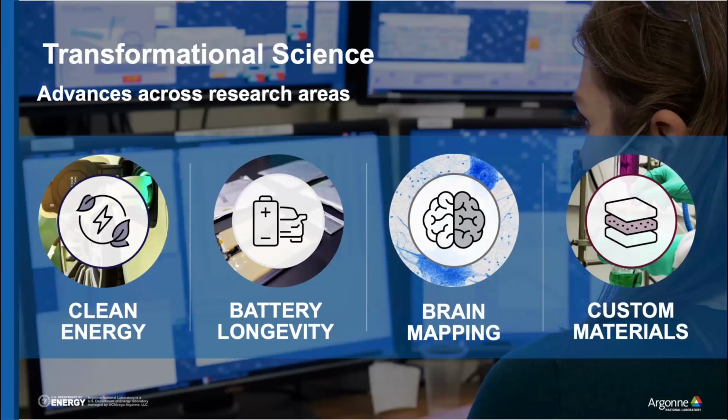So some of the transformational science, some examples of what might be researched, is that the Advanced Photon Source is being used to improve our energy systems, to make them more efficient, or to make batteries last longer. We are also using it to map the brain, to understand ourselves better, or to combat brain diseases.